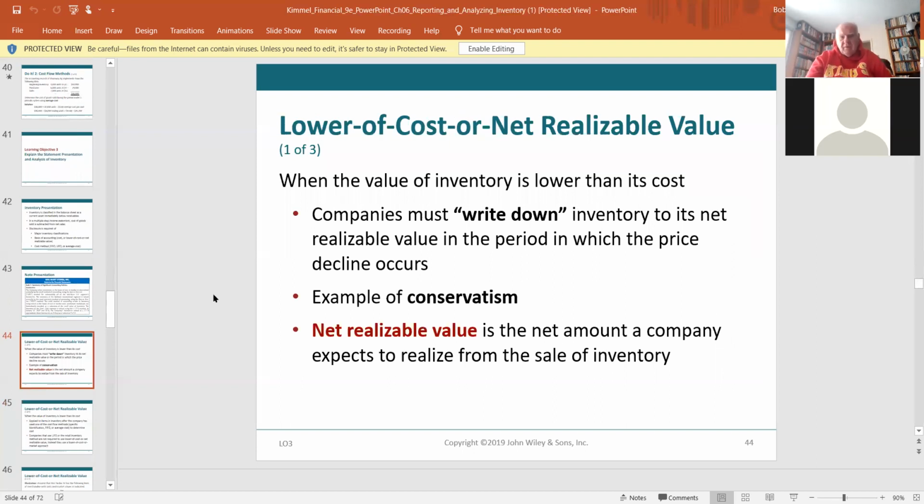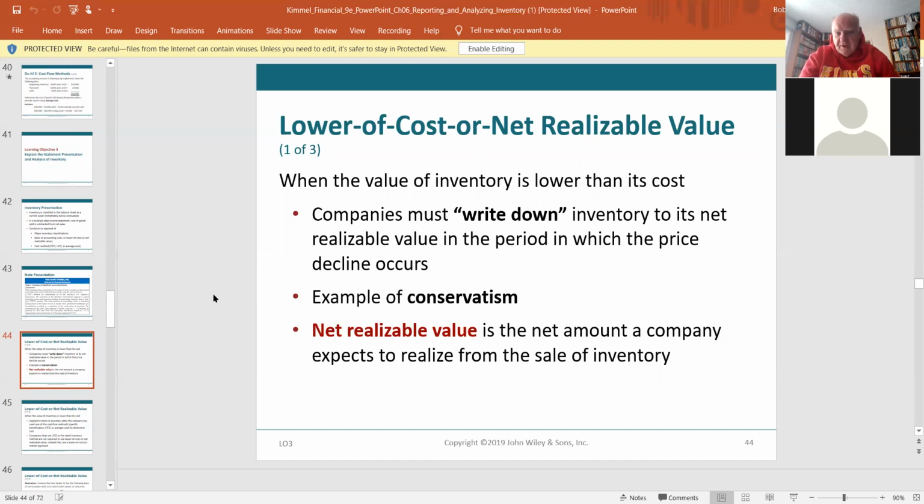Let's talk about lower of cost or market. That's what net realizable value means, the market price, what an item is worth today. When the market price of an inventory item falls below the cost, we have to write down. We have to write off that loss. We must write down the inventory to the proper market price. And it's part of the GAAP principle known as conservatism.